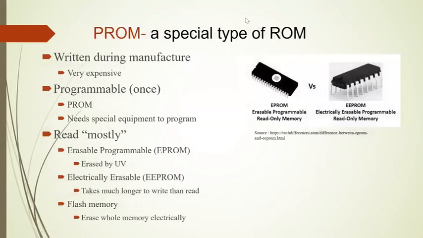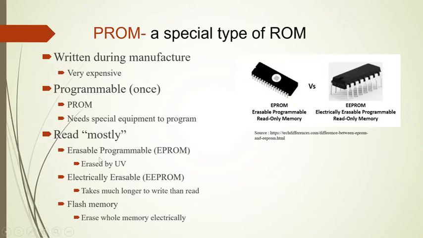What are these? Here, PROM, a special type of ROM, written during the manufacture, very expensive. Programmable ROM needs special equipment to program, read mostly. So these are some special kinds of ROMs.